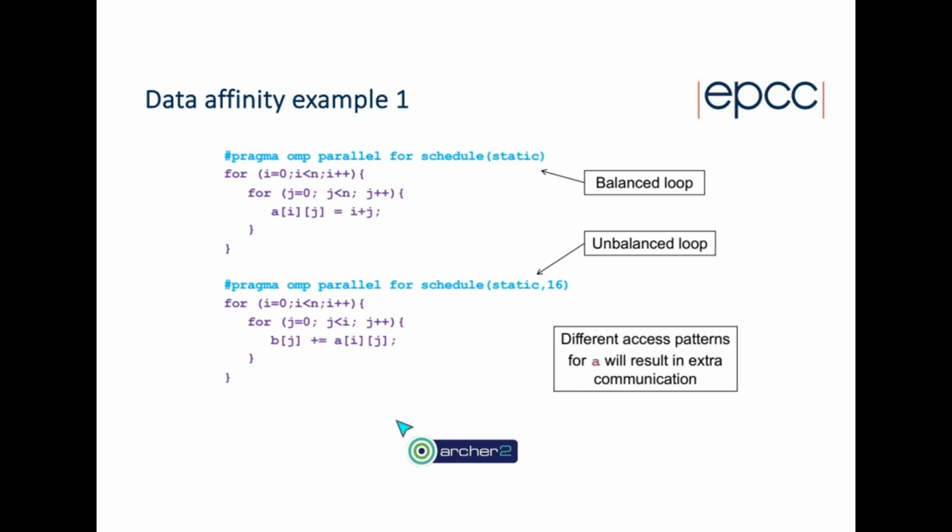Okay, so here's an example of something that can go wrong, where you could write a program which doesn't have good data affinity.